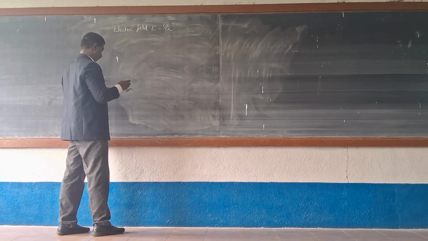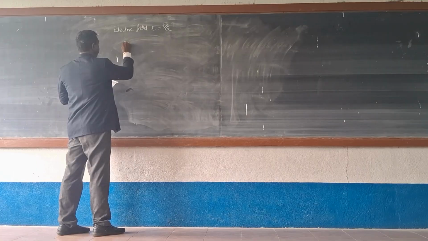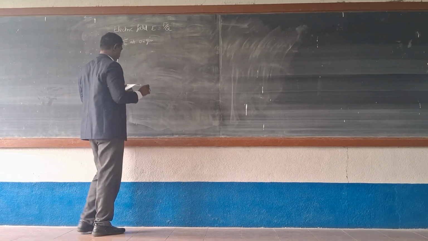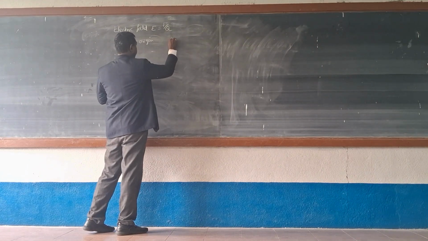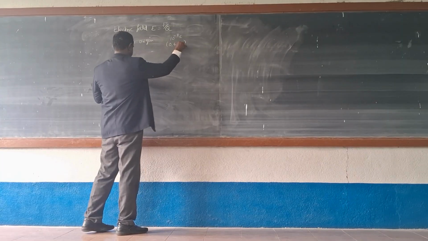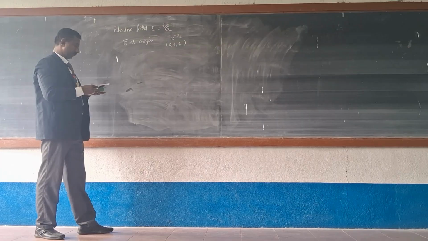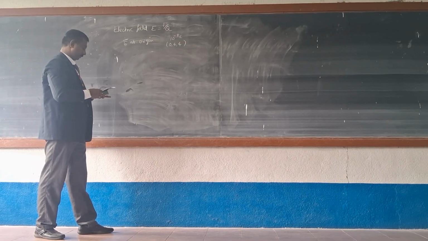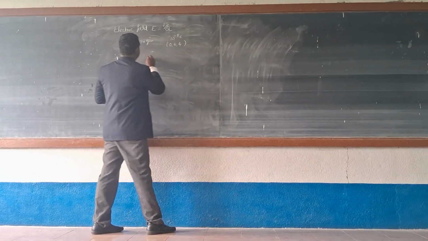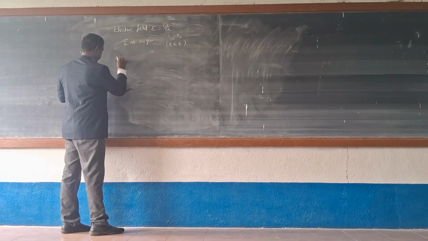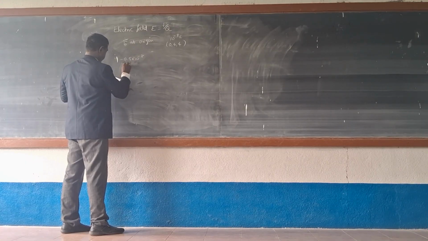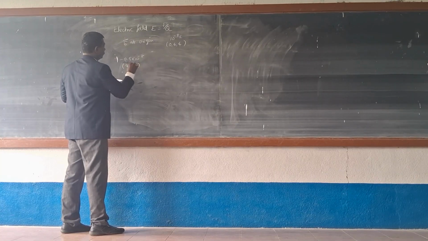Find the electric field at the origin due to a charge of 10 power minus 8 coulomb located at 0, 4, 4, and another charge of magnitude minus 0.5 into 10 power minus 8 located at 4, 0, 2.